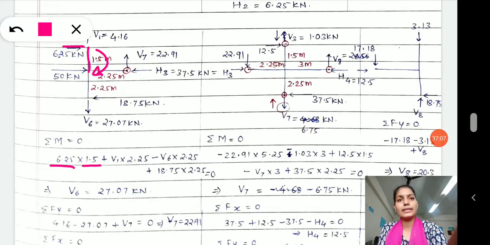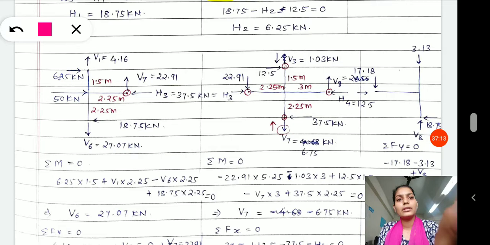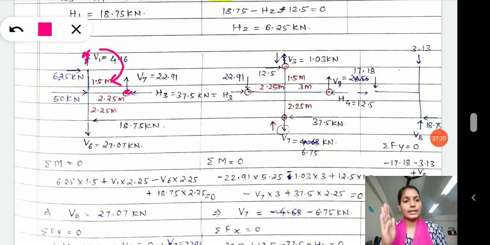V1 is acting upward, right? Yes, it is acting upward. It is also making a clockwise movement about this point, and if the force is vertical, the distance will be horizontal. So the distance is 2.25.